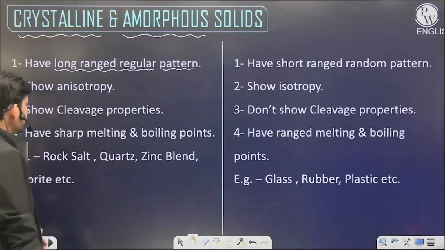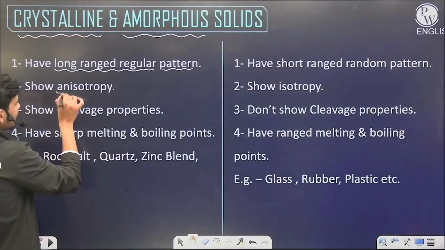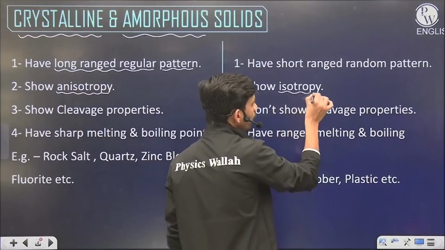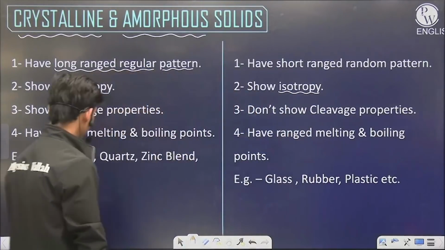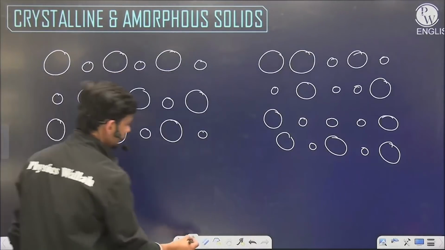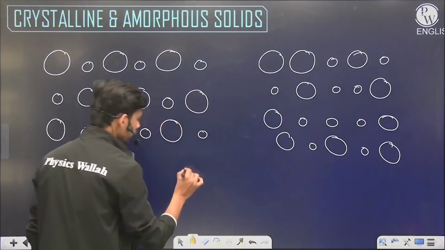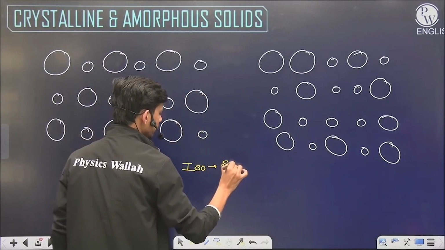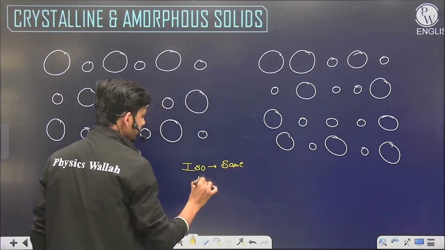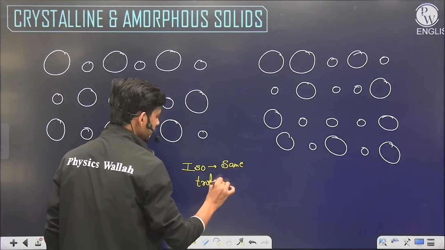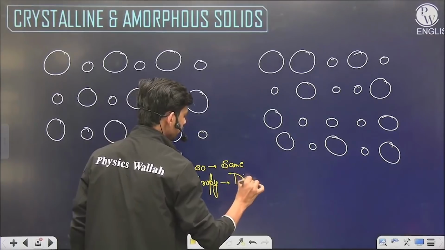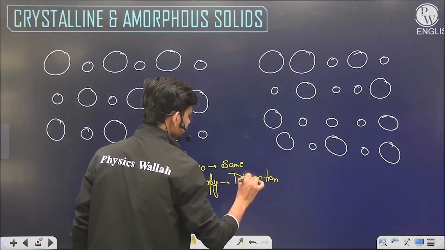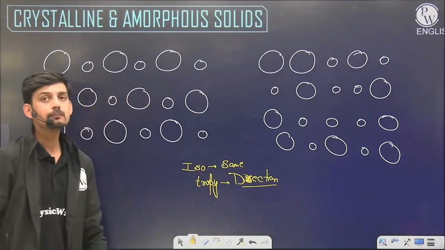Now the next thing, solids of crystalline nature show anisotropy, while solids of amorphous nature show isotropy. Now what is this isotropy and anisotropy? So students, iso means same and tropy means direction. Now this is very easy to learn. Tropical, we use the word for directions. So iso means same and tropy means direction.